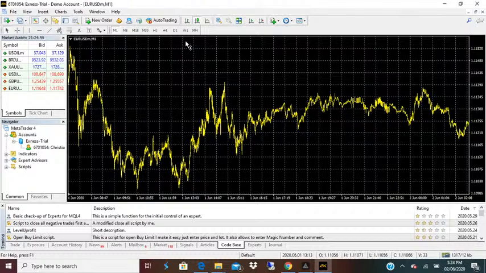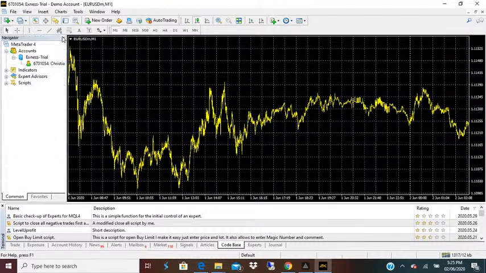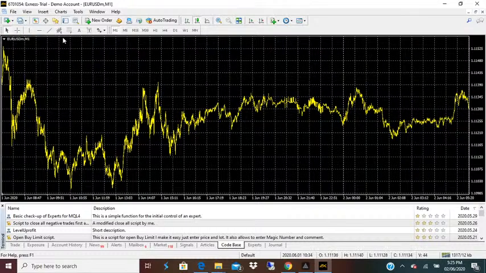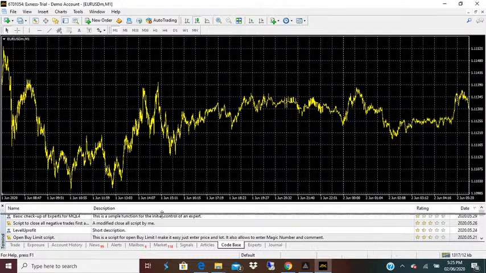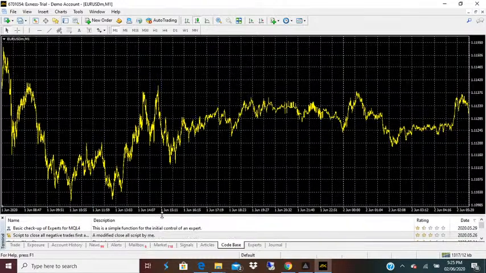So now I'm going to move these symbols here as well, right? And you can drop this down a little bit, and it will be somewhere in journal, experts, code base, or you need to put it in trade.